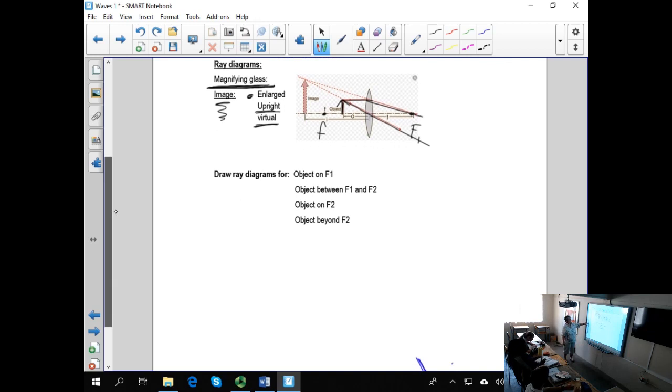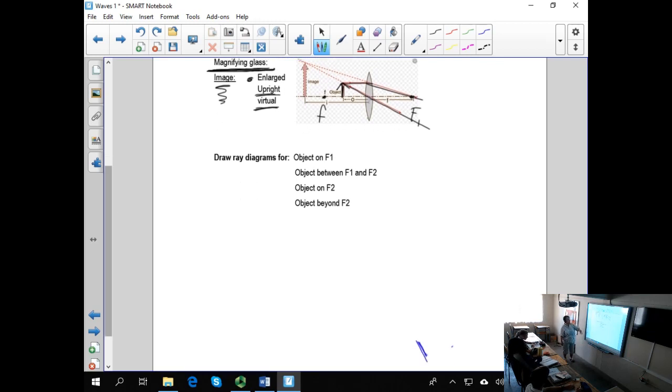Now, I've written up here on the board: draw ray diagrams for an object on F1, object between F1 and F2, object on F2, object beyond F2. I want you to do this for a homework exercise, but please write this down as well. You have your optical axis and your lens.